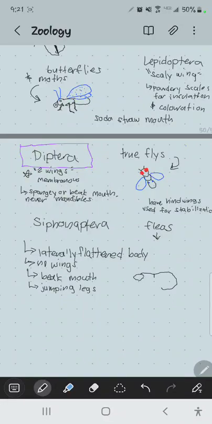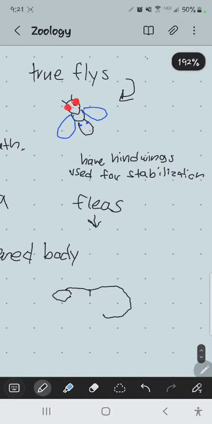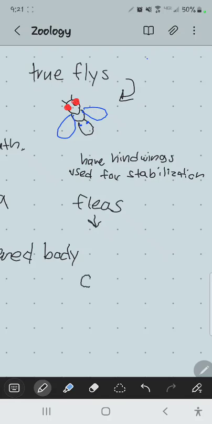I think the main thing you want to differentiate here is that the fleas and the lice are probably going to be the most easily confused of the two. So check out that dorsoventrally flattened like a pancake, or side to side flattened, like a leaf or whatever. But that's kind of the main differentiating feature.